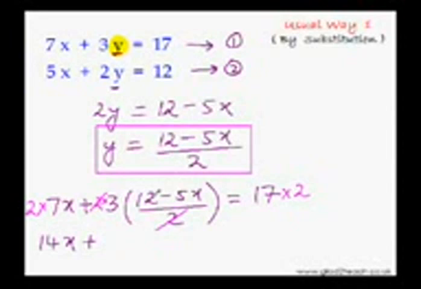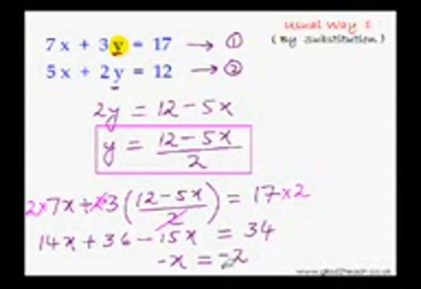This would become 36, 3 times 12 is 36, and this would become minus 15x, and this would become 34. So 14x minus 15x would be minus x, and 34 minus 36 will be minus 2. Now since minus is on both the sides, we can simply cancel it out.